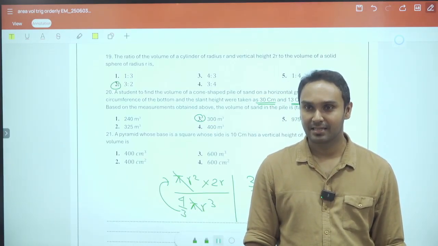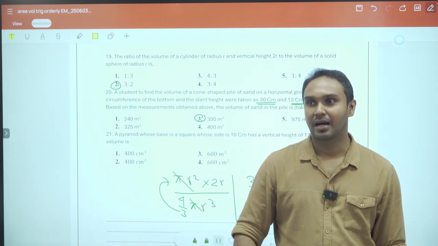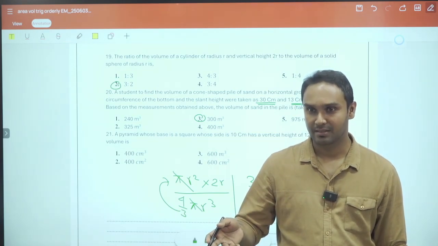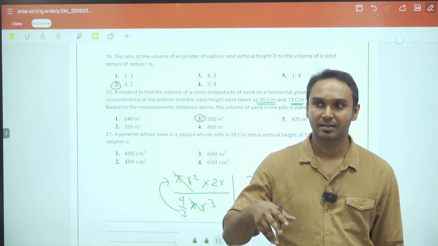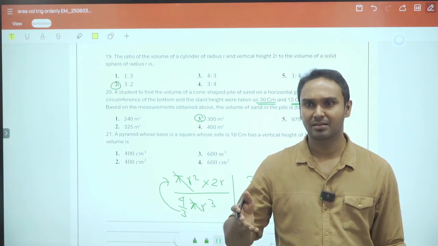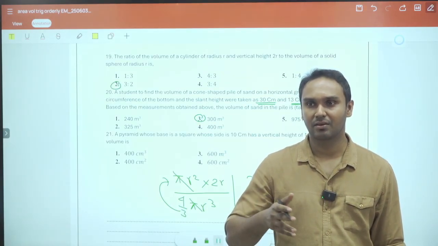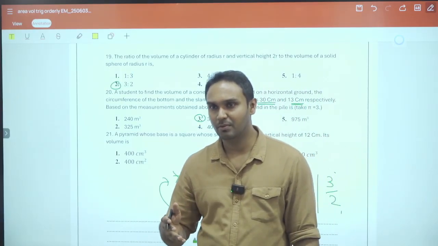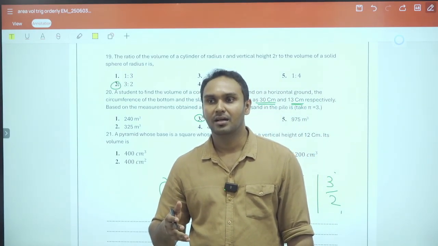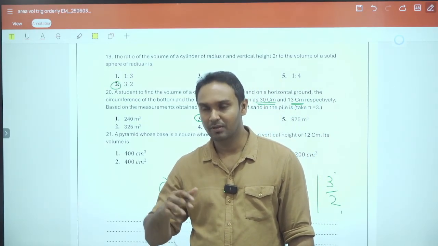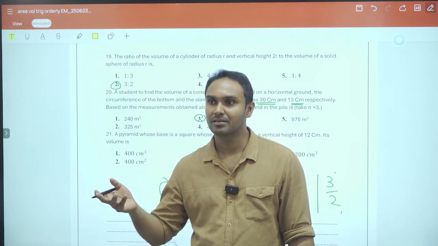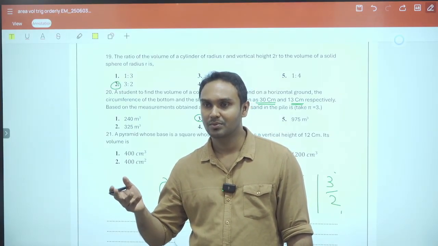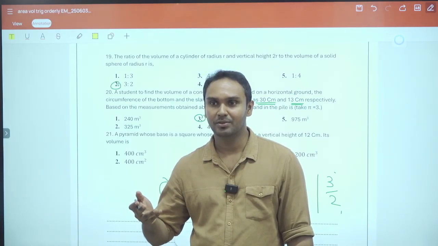We discussed that usually the non-uniform objects have a volume that is 1/3 of the uniform object. I taught you this.